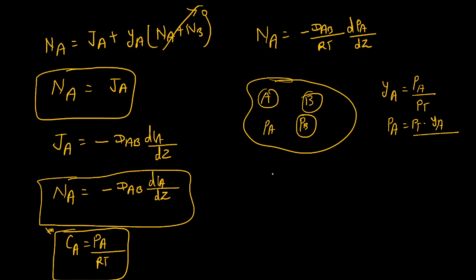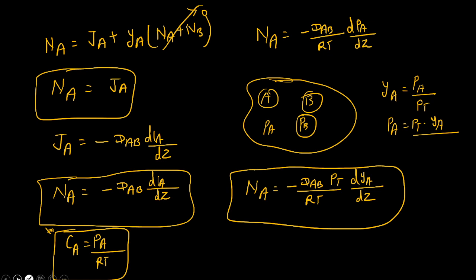So again, Na equals minus DAB upon RT, multiplied by total pressure PT, into dYA by dZ. Mole fraction of A here is Ya1, and there it is Ya2. Mole fraction of B is Yb1 here, and Yb2 there.